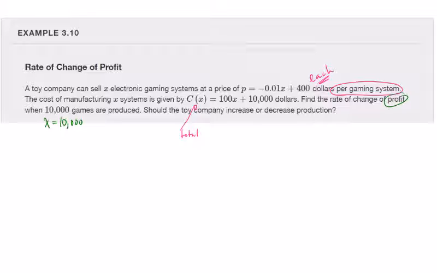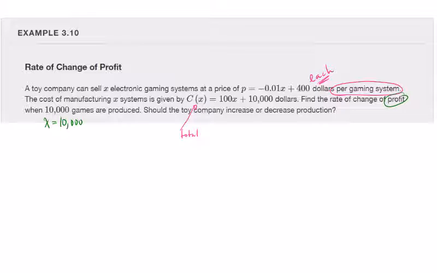All right. So first of all, let's start by making sense of this and trying to find profit, because neither of these equations is profit, right? This is the price per gaming system, and this one is the cost of manufacturing X gaming systems. All right.